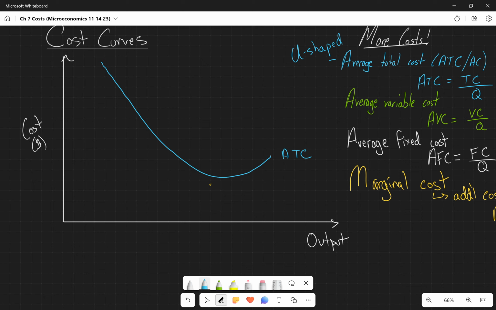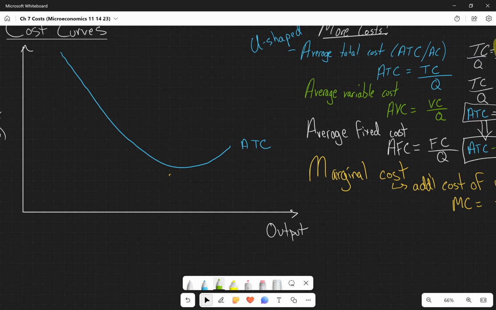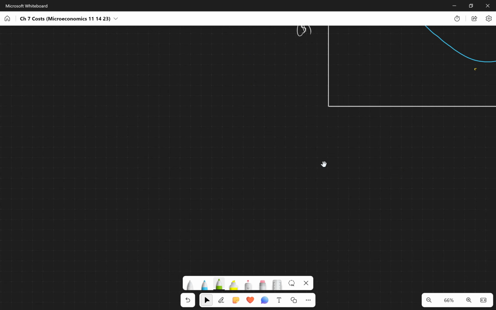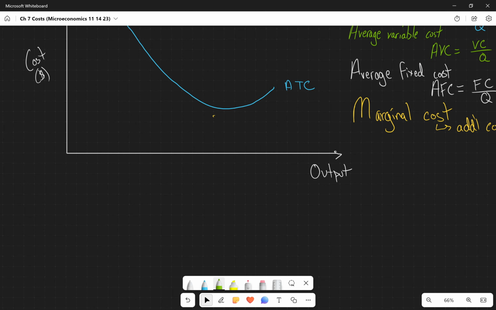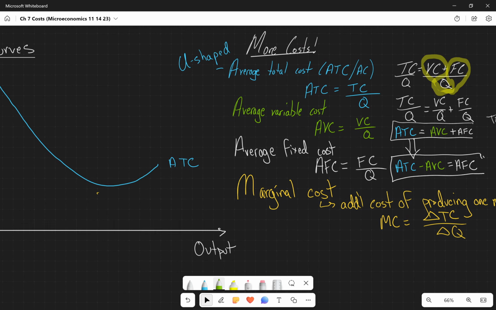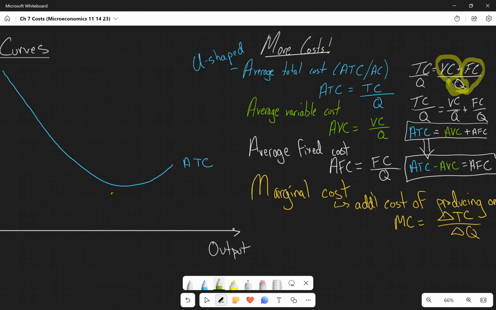Then we have an average variable cost. Now, the reason why I went through that long situation over here to talk about the average fixed cost and the average variable cost and how they're all related to each other is because the way that you graph this average variable cost relates to this, right?